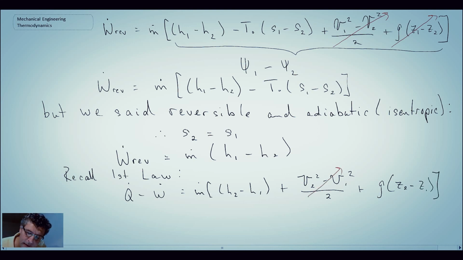Neglecting the kinetic energy and the potential energy, and we said adiabatic, consequently the heat transfer term disappears. What we're left with is work is equal to m dot times H1 minus H2. And you can see these two equations are then consistent, provided that we would be looking at an isentropic process, and that would be one where there is no entropy change going from state 1 to state 2.